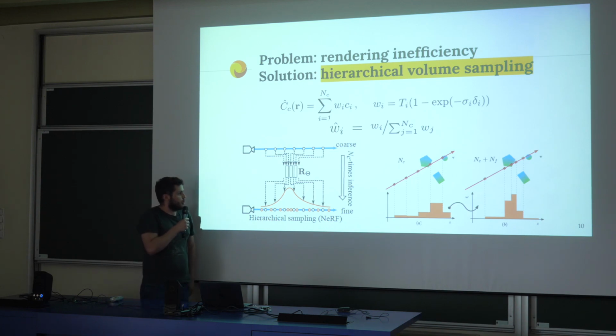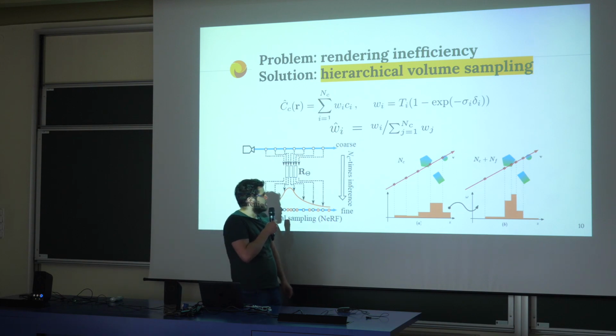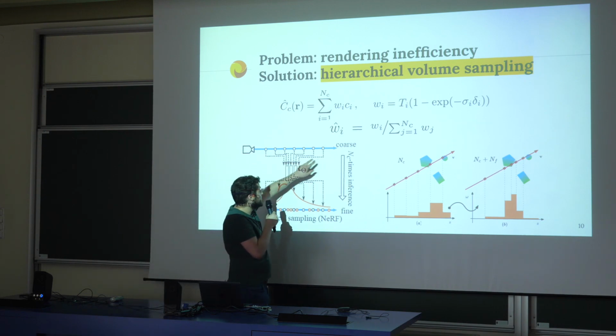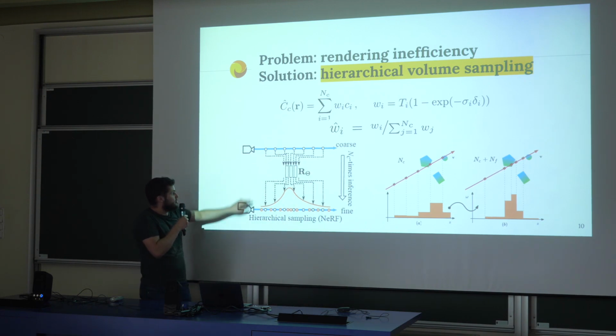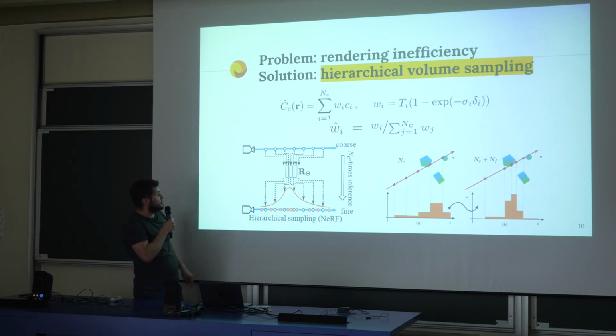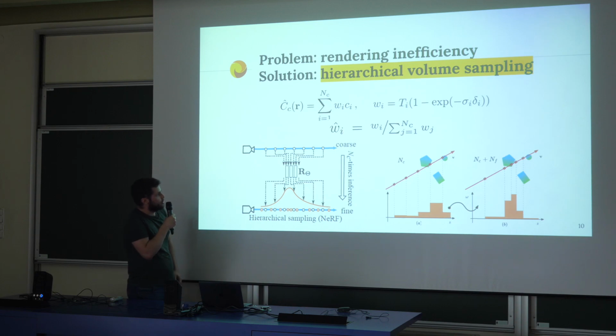We want to oversample on those places where there's more things. So first, we sample uniformly, as I said previously, but then based on the outcomes, the densities, we sample again, and we take the union of those samples to calculate the color.